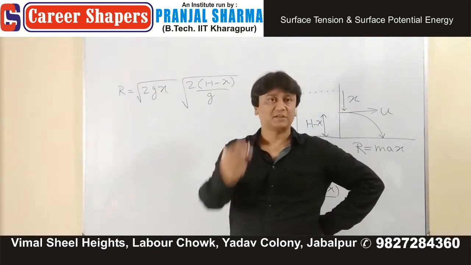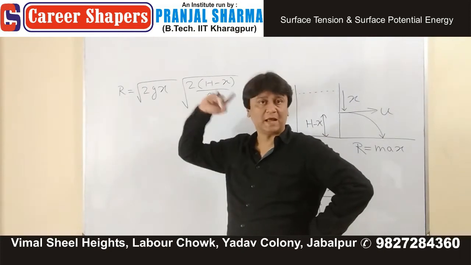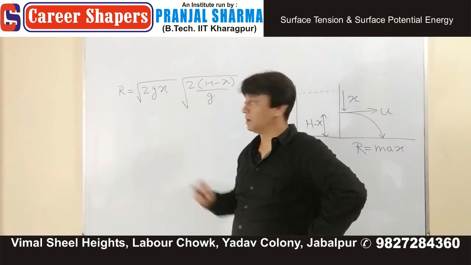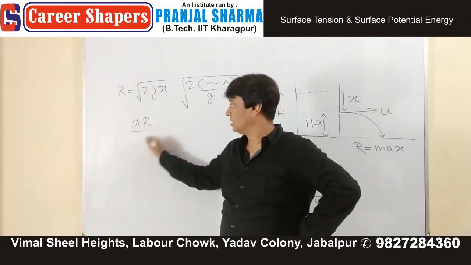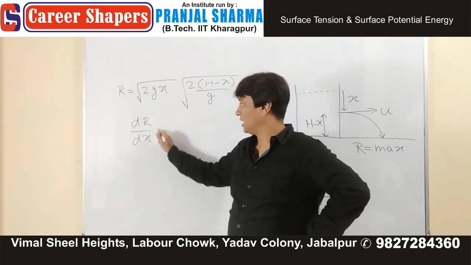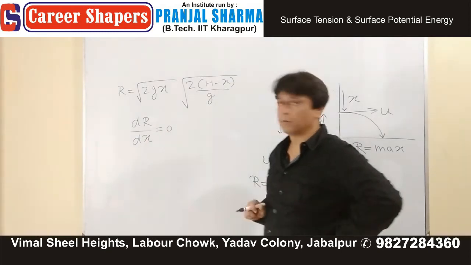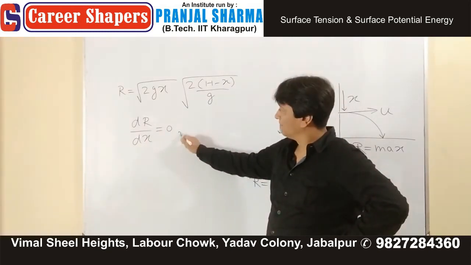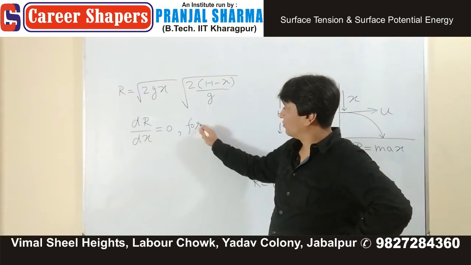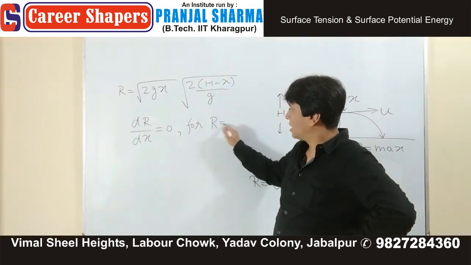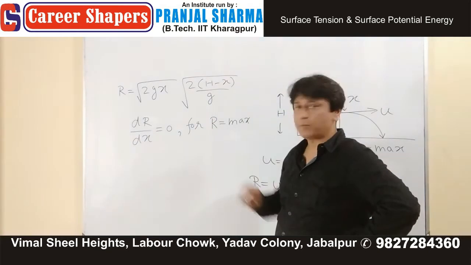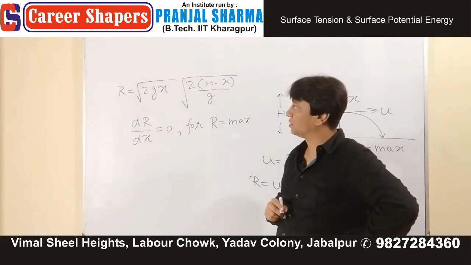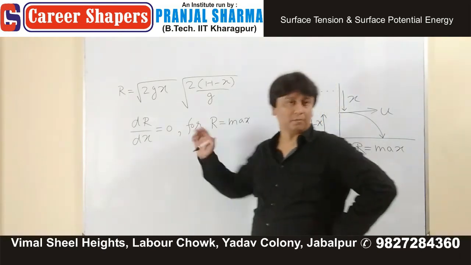If you want to maximize it, the technique of maxima minima tells us that dR upon dx should be 0. For R to be max, dR upon dx must be what? 0. This is from maxima minima.